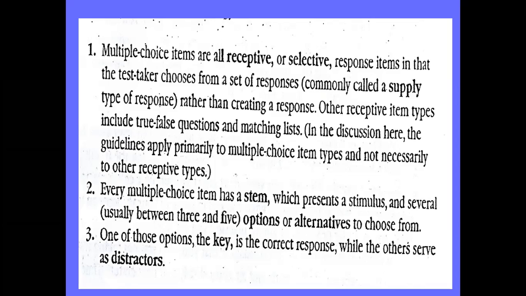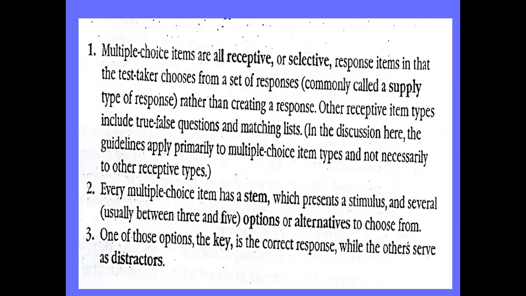In the discussion here, the guidelines apply primarily to multiple choice item types and not necessarily to other receptive types. Every multiple choice item has a stem, which presents a stimulus, and several, usually between 3 and 5, options or alternatives to choose from. Number 3, one of those options, the key, is a correct response, while the others serve as distractors. Thank you, Renee.